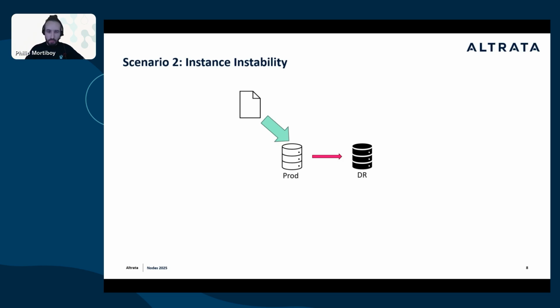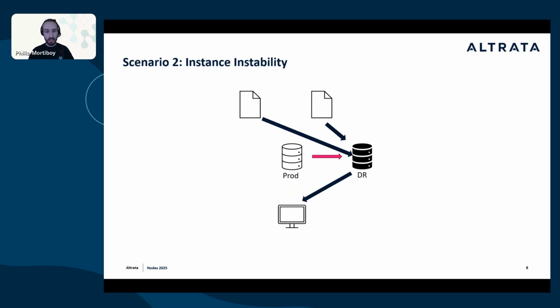The other complication we had is that it's not just one data source being written to our graph. We've actually got multiple auxiliary data ETLs going in there, and of course, the read API that's accessing the data. So it's not just one thing to fail over. We've got multiple systems that in a DR scenario all need failing over to the graph.